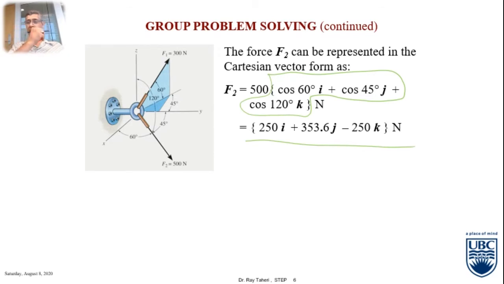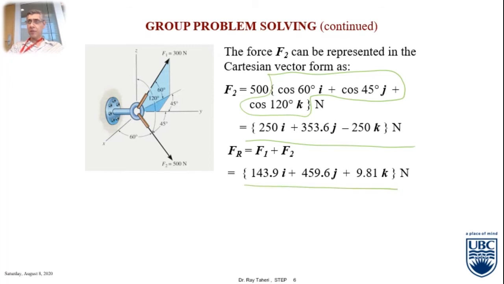This is the actual vector 2. Now we have two vectors. We add them simply: i plus i, which is x plus x, and j plus j, and k plus k. So this would be my final resultant.